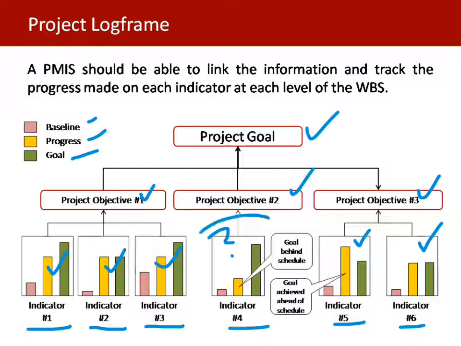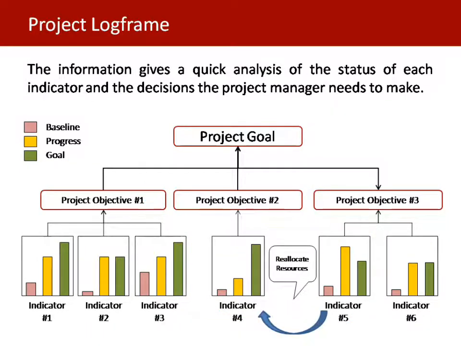The idea is that the project manager and the team can easily identify where they're having problems, so they can focus their attention on that area. This is the area where we know we have a problem, so we need to start making some changes. Let's look at some of those changes.